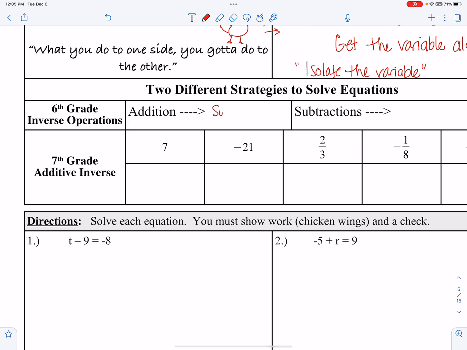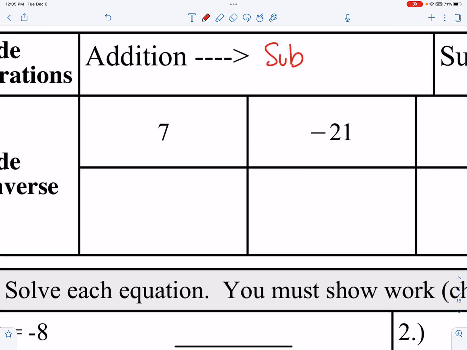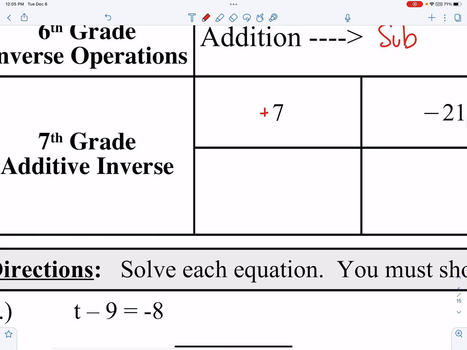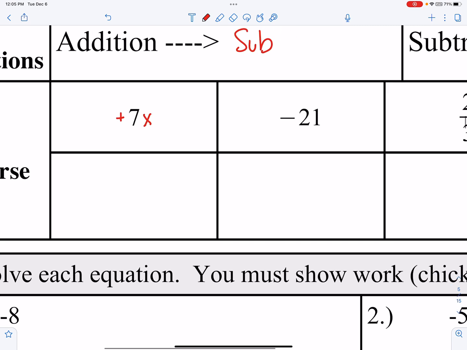Opposite of addition is subtraction. Opposite of subtraction is addition. In 7th grade now, we want to be thinking about the additive inverse, or adding the opposite. When we look at a 7, if I have a positive 7, the additive inverse, or adding the opposite, would be subtracting a 7. And so actually, let's go ahead and put these as coefficients.